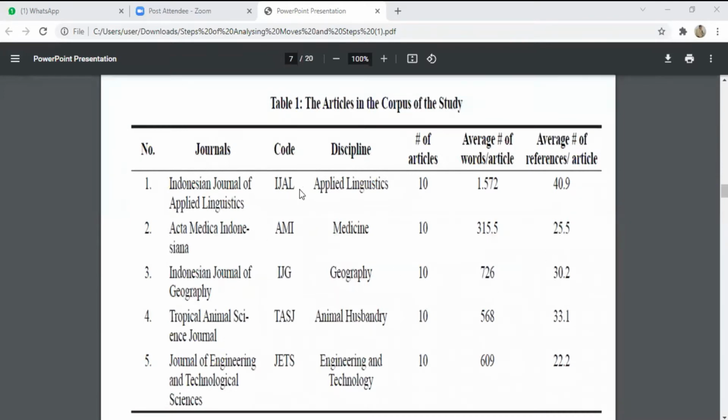Because in applied linguistics, the quality of the information contained in the articles depends on the quality of the argument. So in applied linguistics, we have to argue strongly, while people in other fields can replace the argument with statistics, with data from the experiment.